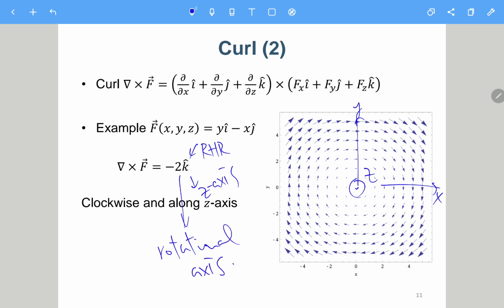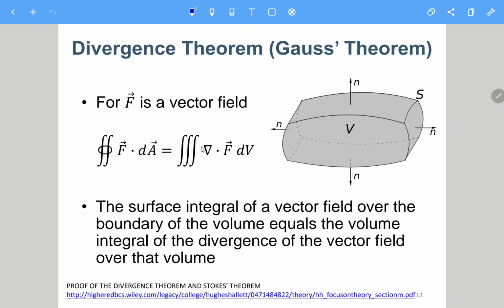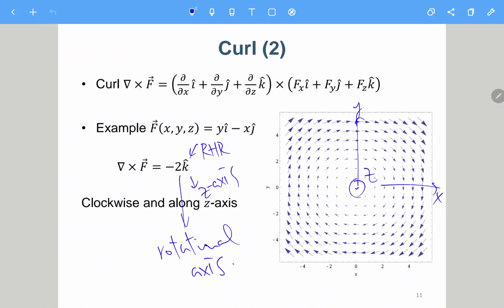So if the rotation is stronger, then the magnitude, the absolute value of this vector, will be larger. If it is not rotating, then it will be just zero.